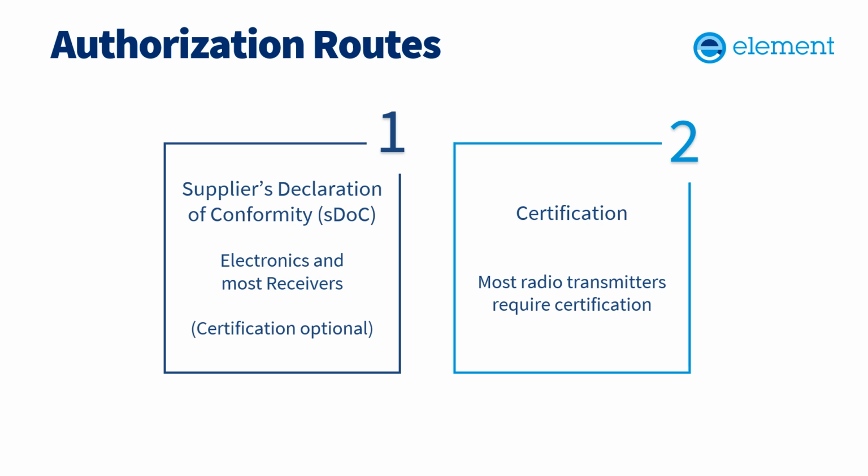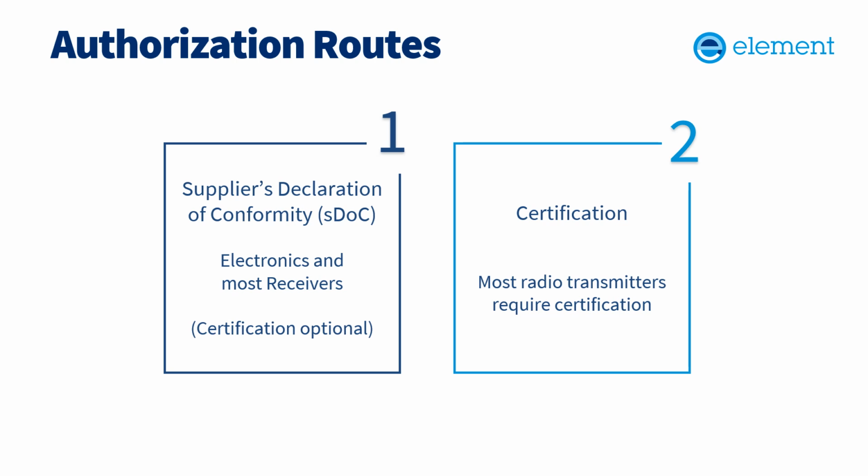There are two routes to authorization for FCC. The first one, which relates to unintentional radiators, is called a Supplier's Declaration of Conformity, SDOC. So that applies to all electrical or electronic related products and most receivers.